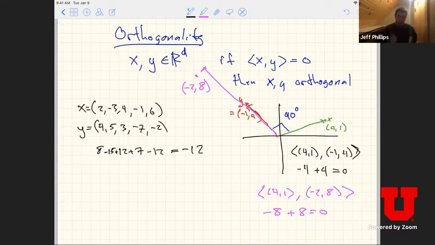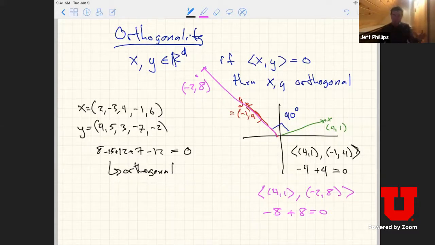You get 2 examples for the price of 1. Well, if I add all of these things up, I'm going to get exactly 0, and these are going to be orthogonal. Good. So these vectors are orthogonal because the dot product is going to be 0, and that's what it means.